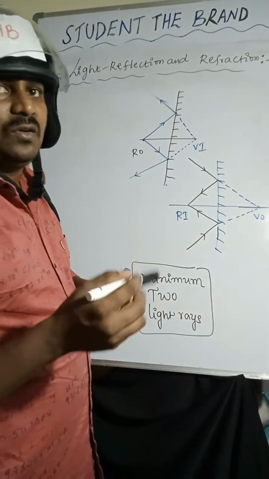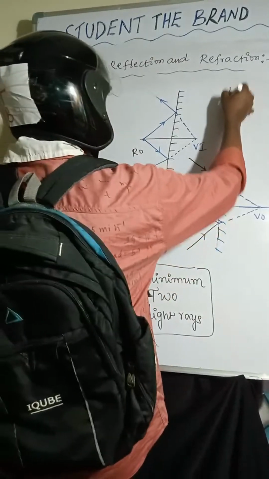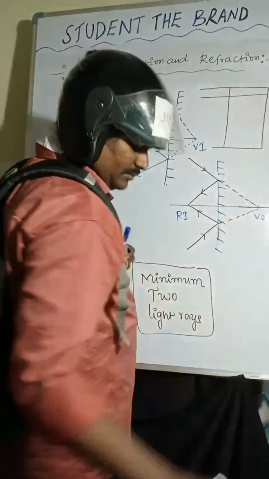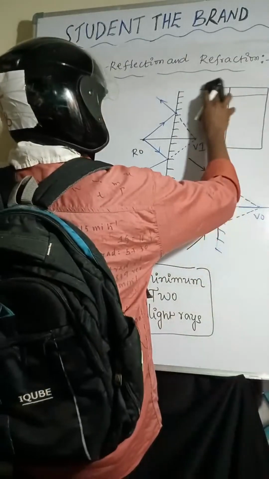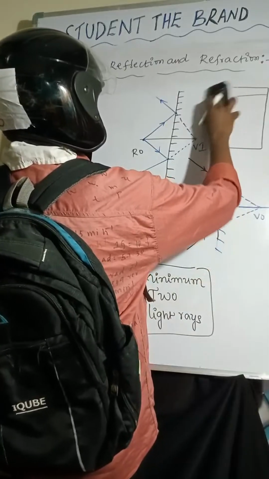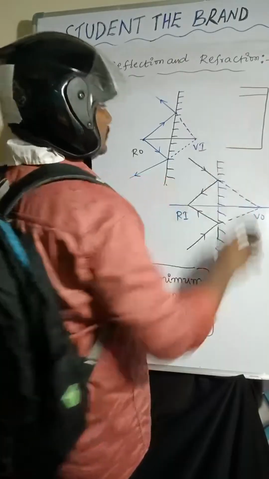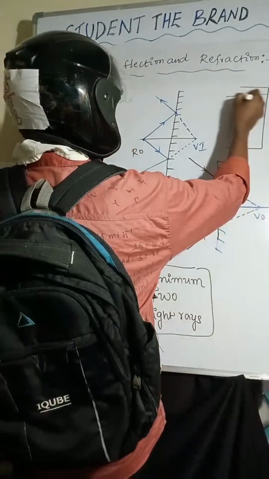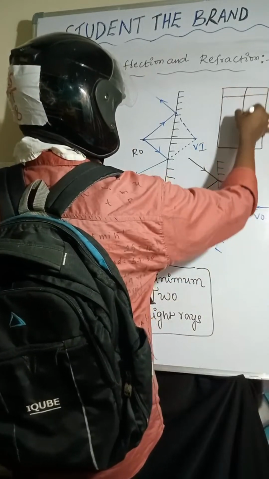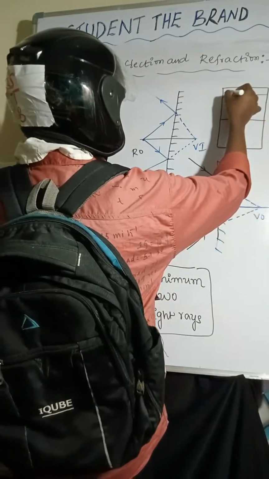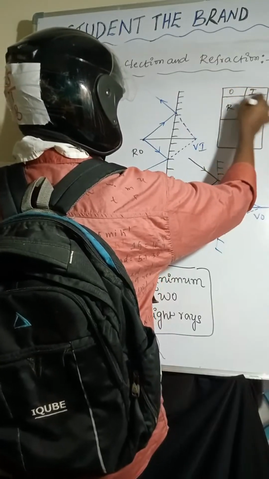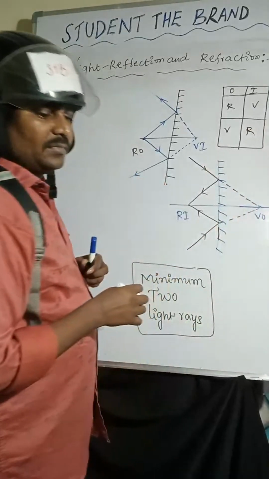So by this we can conclude: object is real, image is virtual; object is virtual, image is real. So I hope it is very clear.